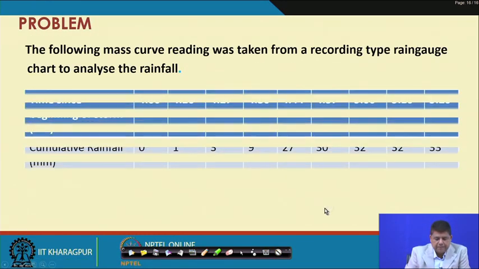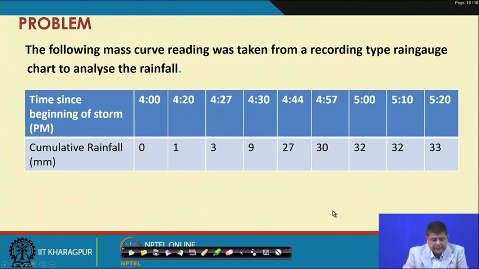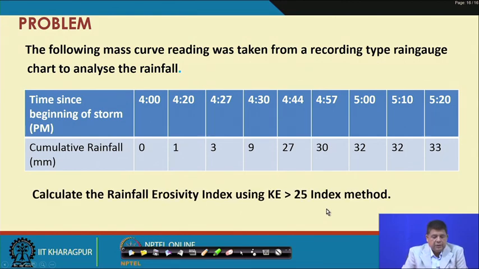So, let us take a problem to really see how to use this. It is the same problem which was used for applying the EI 30 method. The following mass curve reading was taken from a recording type rain gauge chart to analyze the rainfall, where the rainfall begins at 4 o'clock, continues till 5:20, and the cumulative rainfall during the event is 33 mm.